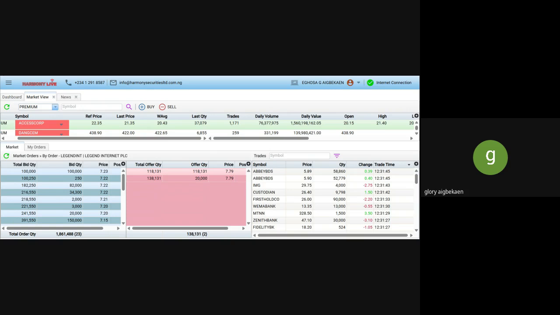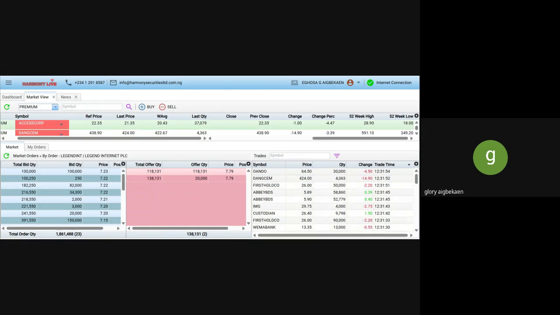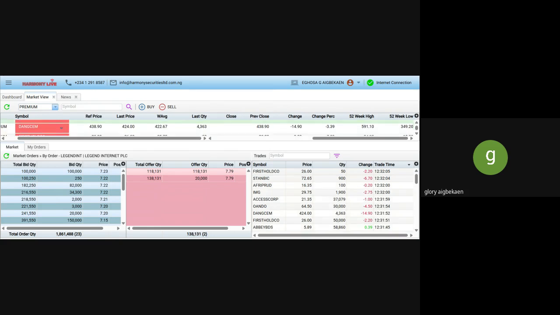Access is still selling at 21.35. That's a 4.47% pullback, a decrease in price from last time.